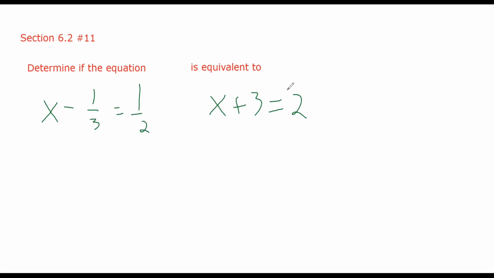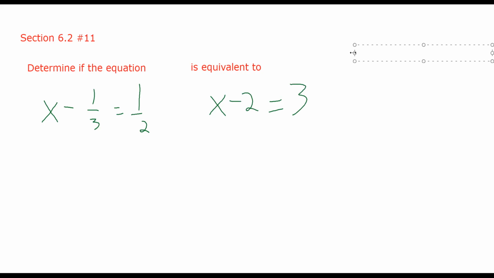And then is this other equation the same equation you're seeing? x minus 2 equals 3. Okay, so then let me just alter it. So this is the problem set before us. Determine if the equation x minus 1/3 equals 1/2 is equivalent to the equation x minus 2 equals 3.